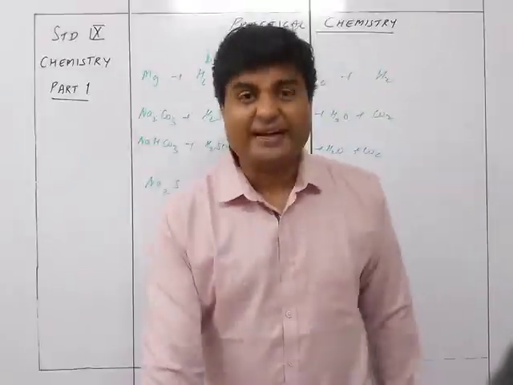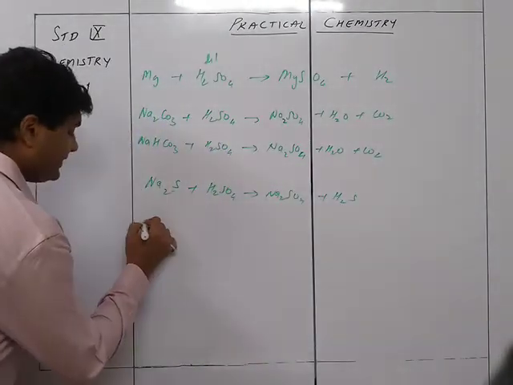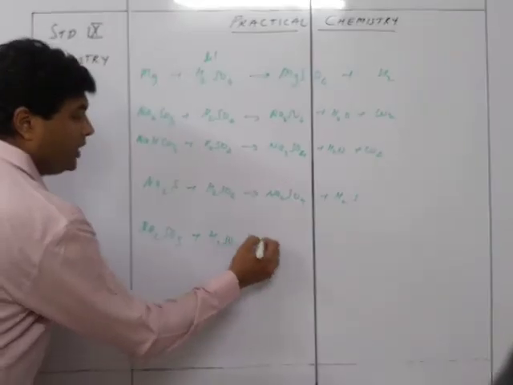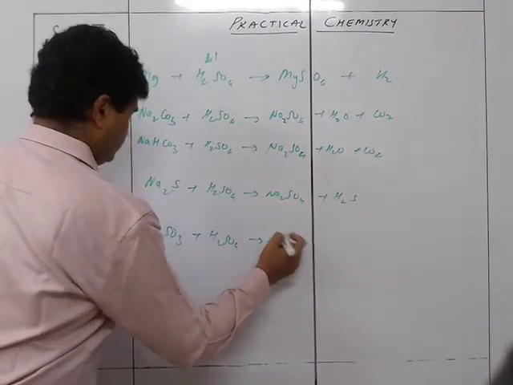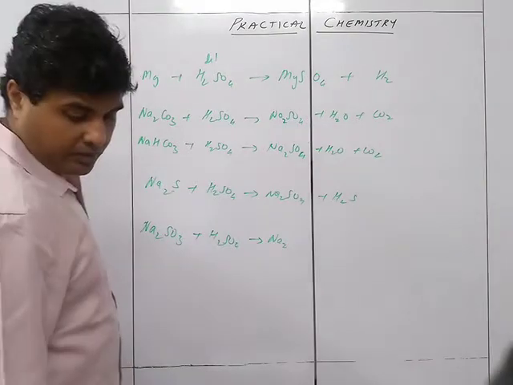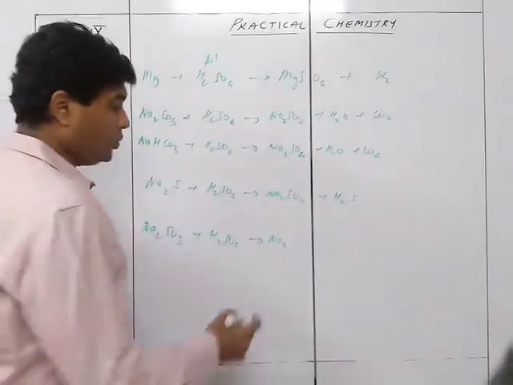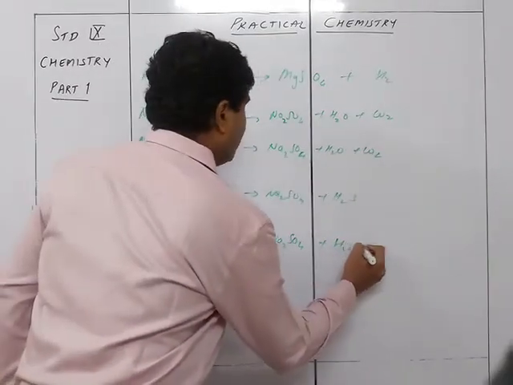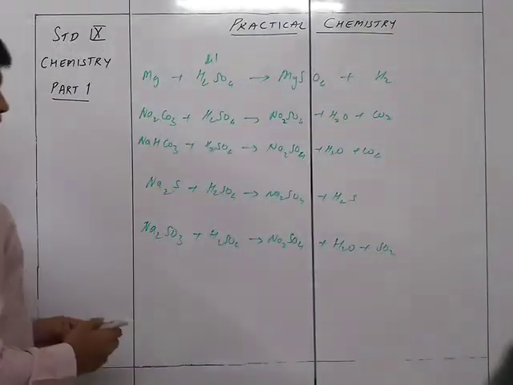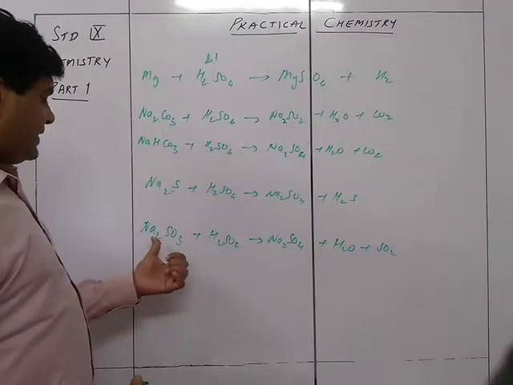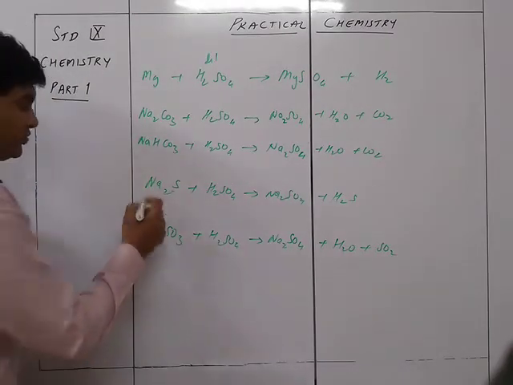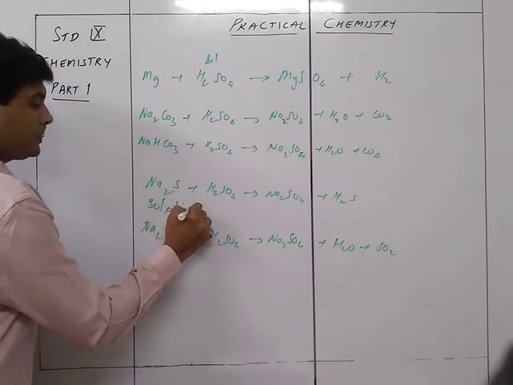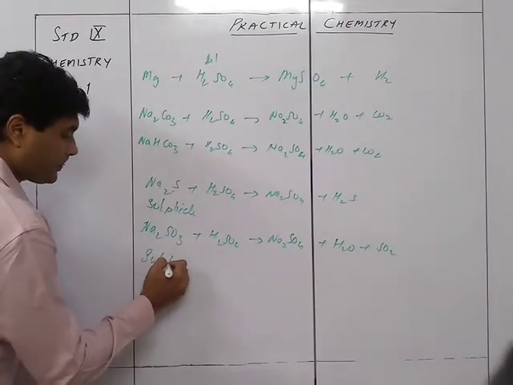Lastly is a sulfite. We are talking now about sulfite, that is Na2SO3 plus H2SO4, which is going to give me Na2SO4 plus H2O plus SO2. So again, the reaction over here is the same thing. This was a sulfide, this is a sulfite.